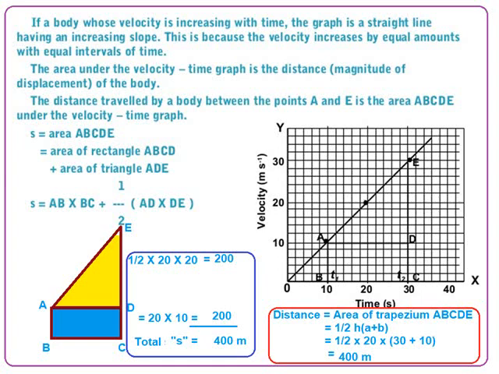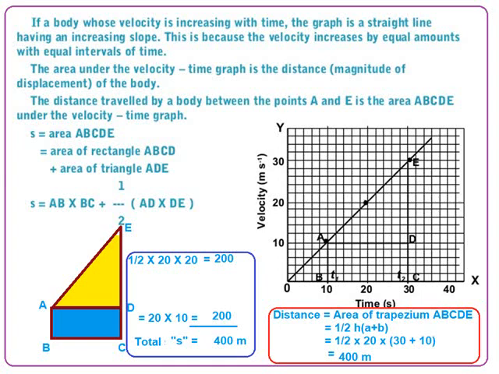The distance traveled for this is not calculated from O. If you want to calculate the distance traveled from O till the end, you can find the area of the triangle. But the question here is, what is the distance traveled between the point A and E?